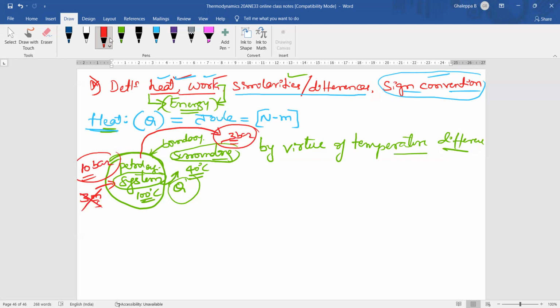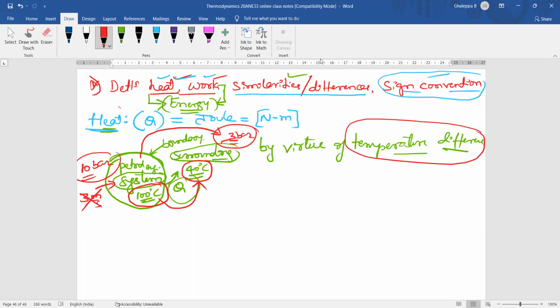But I will not call it heat, because only if it is by virtue of temperature difference should you call it heat, not because of pressure difference. Only energy exchange between system and surrounding purely due to temperature difference is called heat.